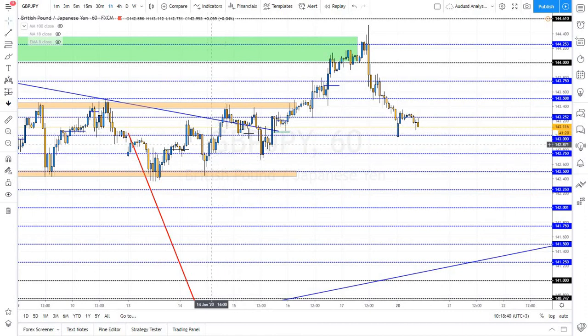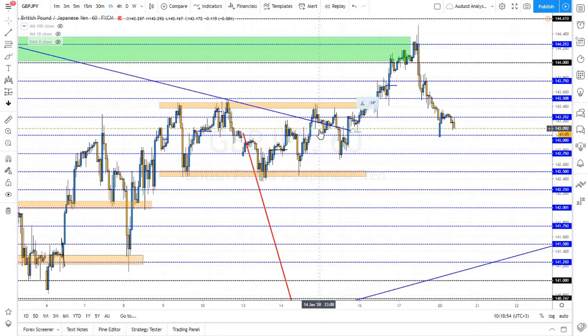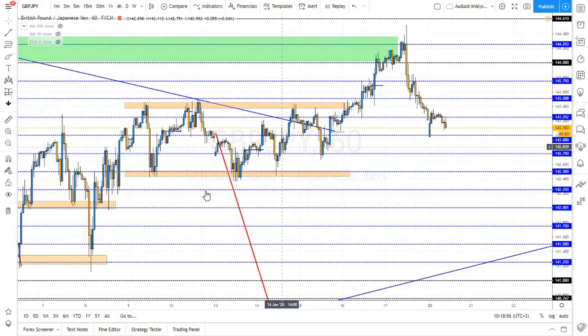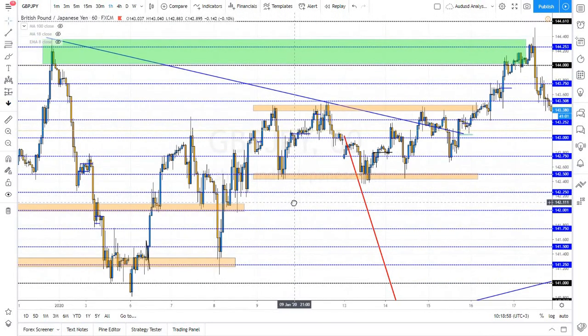If the market prints a reversal pattern around a quarter point area, then you're looking at a nice drop or a nice bullish push. Minimum 30 pips, maximum 100 pips or more, based on how long you're going to hold that trade.